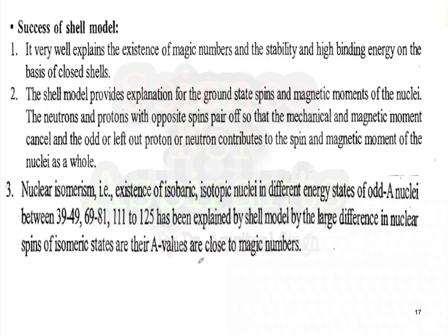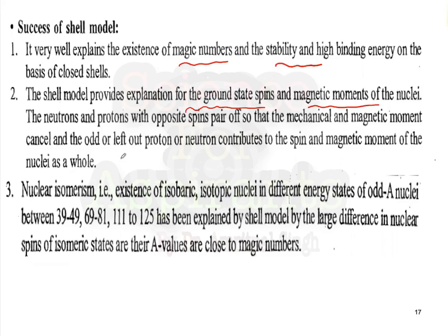So what are the various points which explain the success of the shell model? The shell model successfully explains the existence of magic numbers and their stability. Second, the shell model provides the correct explanation for the ground state spin and the magnetic moment of most of the nuclei.